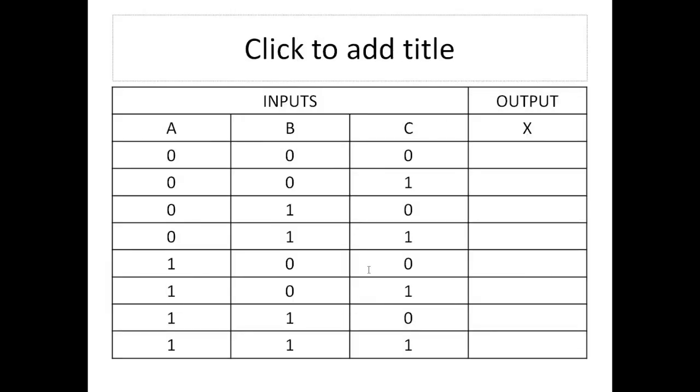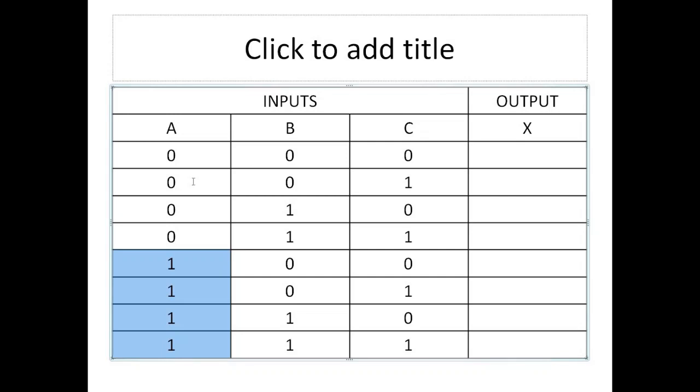This is the rightmost input column, and it has values 0 1 0 1 0 1 0 1, whereas the next one after it should have 2 zeros, 2 ones, 2 zeros, 2 ones, and the third one is supposed to have 4 zeros and 4 ones. In Cambridge we never have a truth table that has more than 3 inputs, but if you are, let's suppose, at university level, sometimes you have logic circuits with 4 or more inputs.